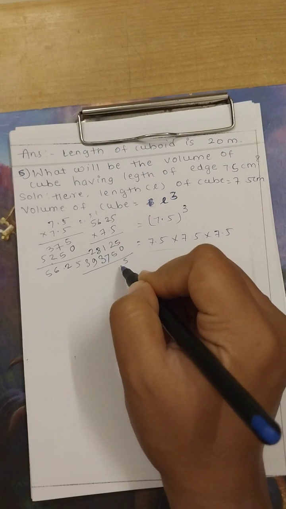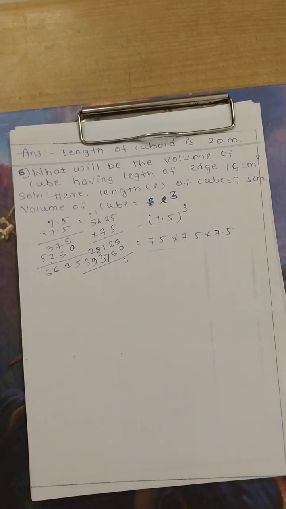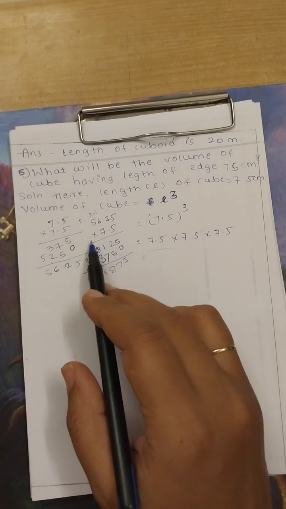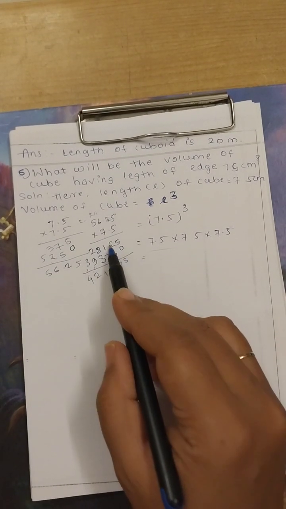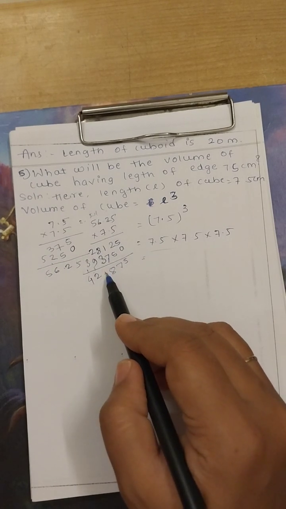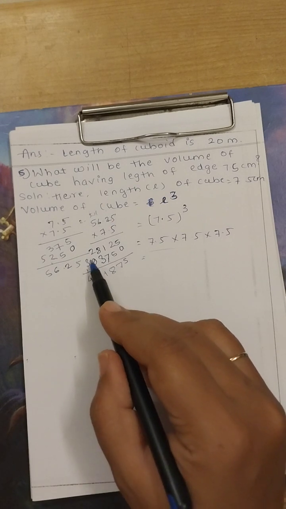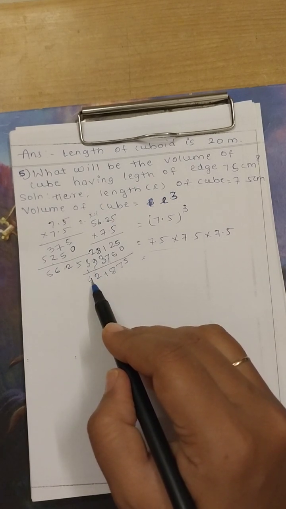Then adding: 5 plus 0 is 5, 2 plus 5 is 7, 1 plus 7 is 8, 8 plus 3 is 11, carry 1, plus 9 is 10, 10 plus 2 is 12, 2 carry 1, 1 plus 3 is 4.